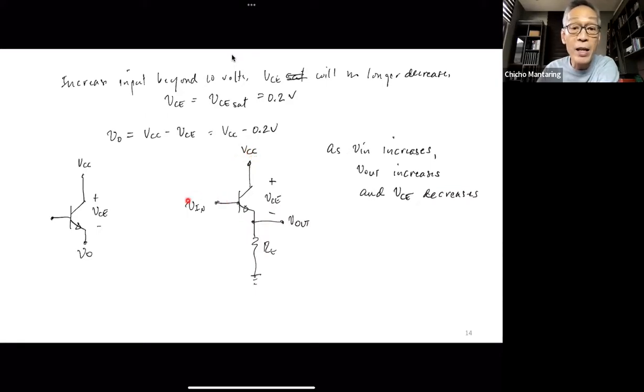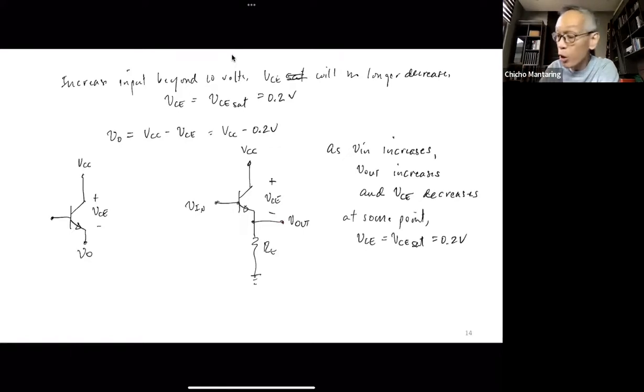Now, as you increase V in, from VCE being VCC, VCE starts getting smaller and V out starts getting larger. Now, can V out grow indiscriminately large? No, it cannot. Because at some point, VCE will be equal to VCE SAT, which is 0.2 volts.